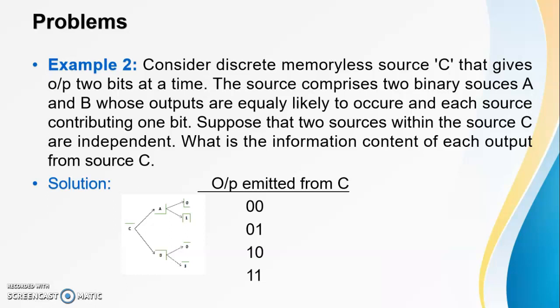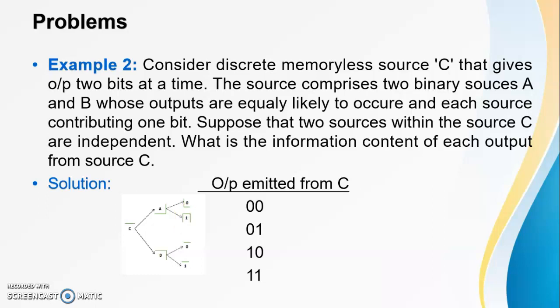You know what we mean by equally likely. That means the probability of getting each output is the same. As the outputs are equally likely, PA equals PB, which is equal to half. Because here there are only two possible outputs, one is 0 and the other is 1. That's why it is 1 by 2.